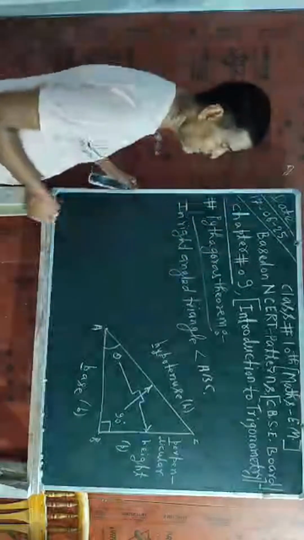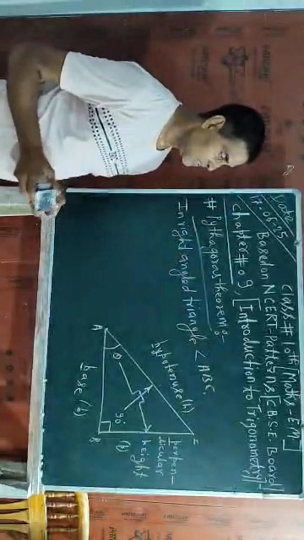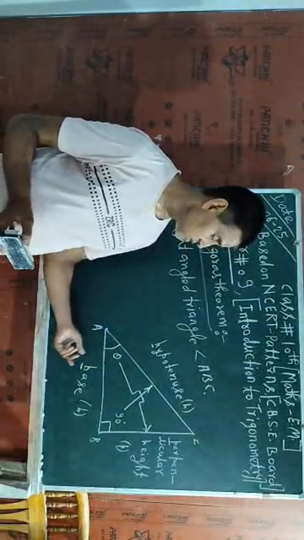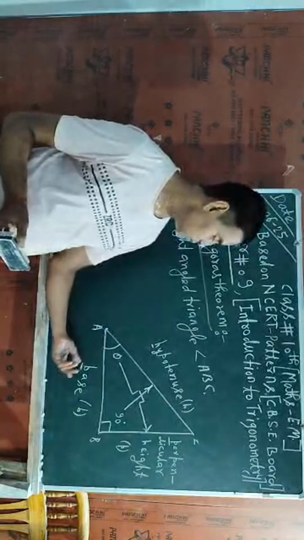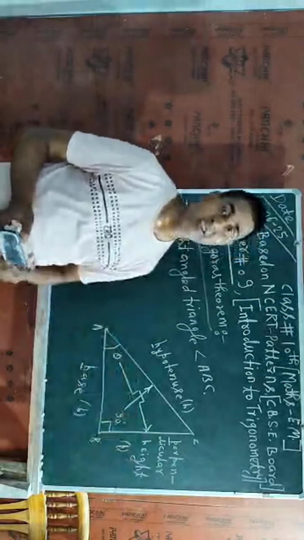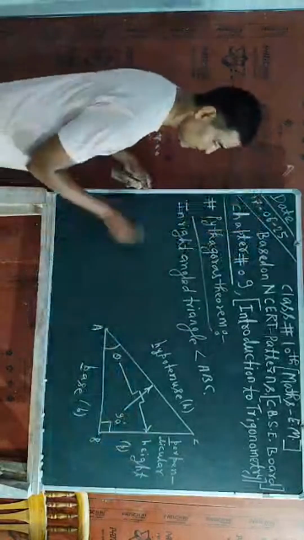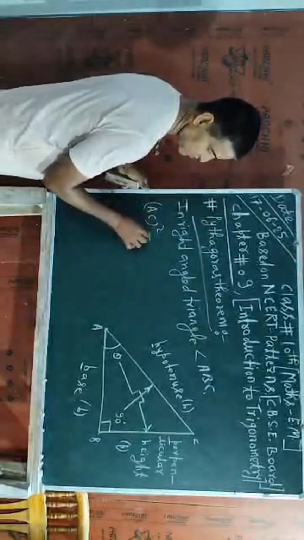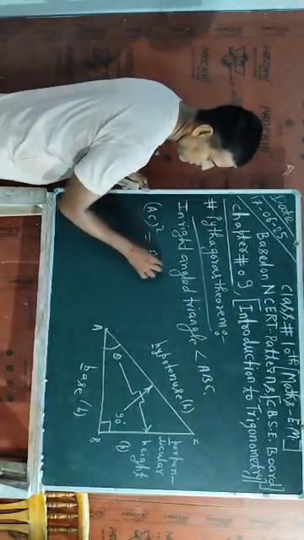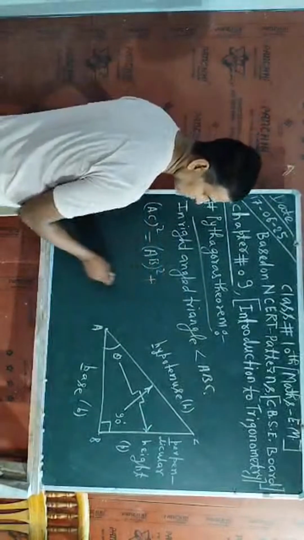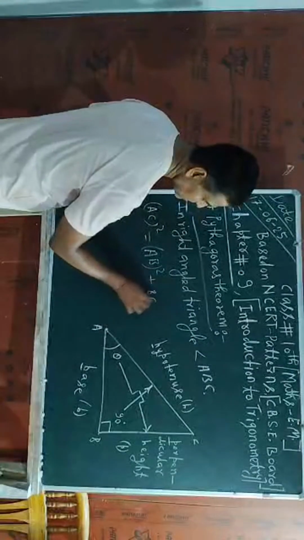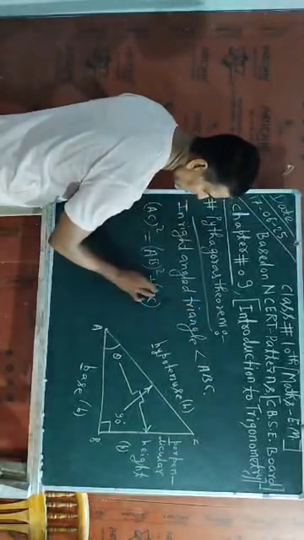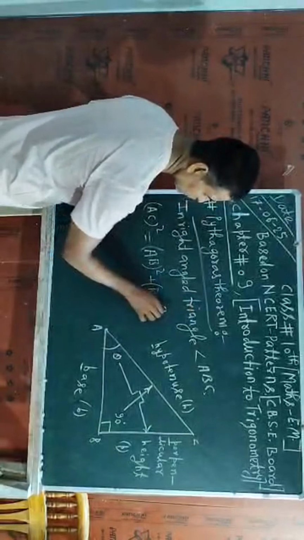Now in a right angle triangle, Pythagoras theorem says hypotenuse whole square is equal to the sum of squares of the other two sides, meaning base square plus perpendicular height square. That is the concept of Pythagoras theorem. So according to Pythagoras theorem, I will write AC whole square is equal to AB whole square plus BC whole square.